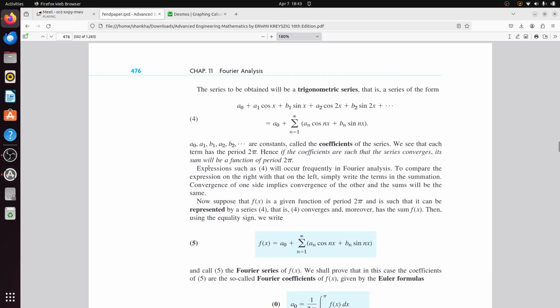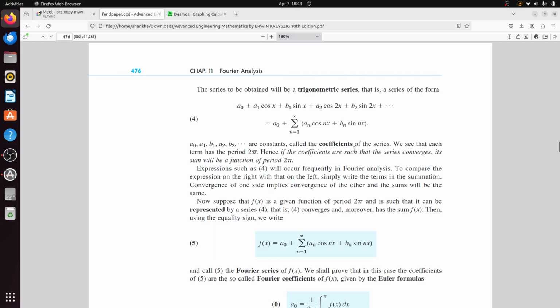Now, a series that contains elements like this: a0 plus a1 cos x plus b1 sin x plus a2 cos 2x plus b2 sin 2x plus and so on, can be written in a more compact way: a0 plus the sum from n equal to 1 to infinity of an cos nx plus bn sin nx. a0, a1, b1, a2, b2 are constants.